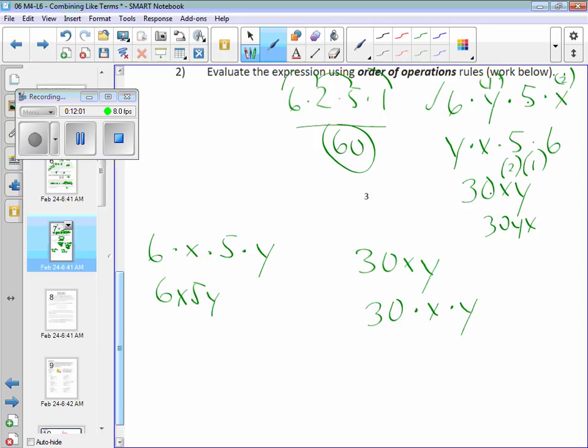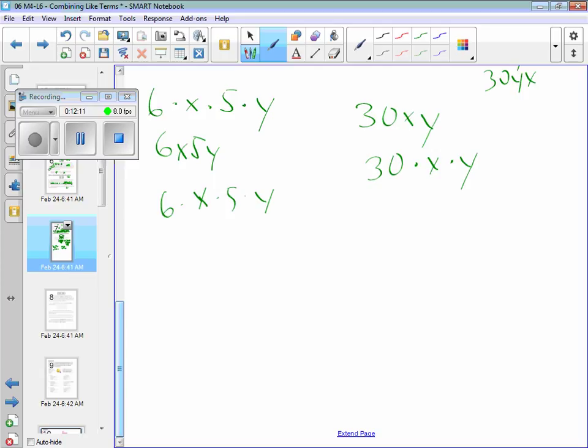Go back to this: 6 times x times 5 times y. All I did was expand it and simplify it. Now, the commutative property of multiplication says I can multiply in any order.